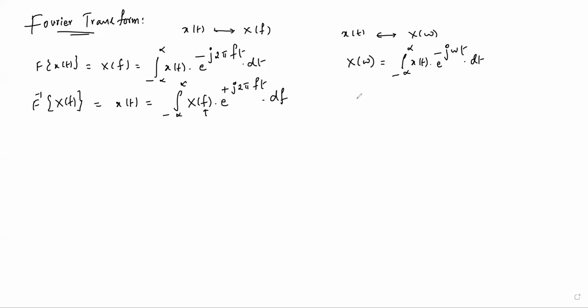Whereas inverse Fourier transform in this case, x of t is 1 by 2 pi integral from minus infinity to plus infinity of x of omega multiplied by e to the power of plus j omega t, as the signal is in omega domain, here d omega. So this 1 by 2 pi is to be noted clearly. Fine, so these are the Fourier transform pair formulas in both x of f and x of omega.